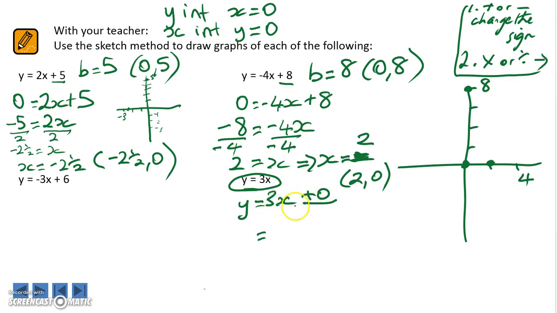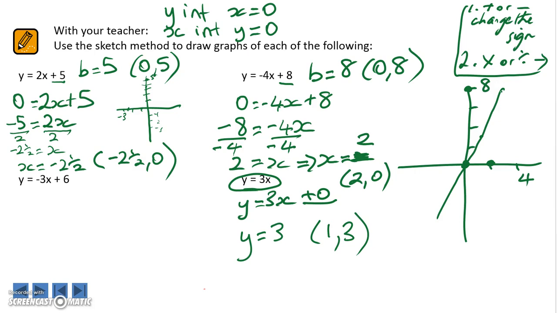So 3 times 1, let's call it 1. Let's substitute in 1. What does that make y? 3 times 1 is 3. So that means when x equals 1, y equals 3. And so let's put that in there. And so it would go through the origin and look something like that. But obviously that would be ruled on yours.